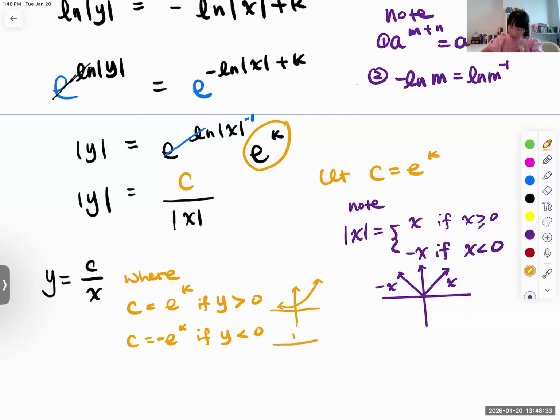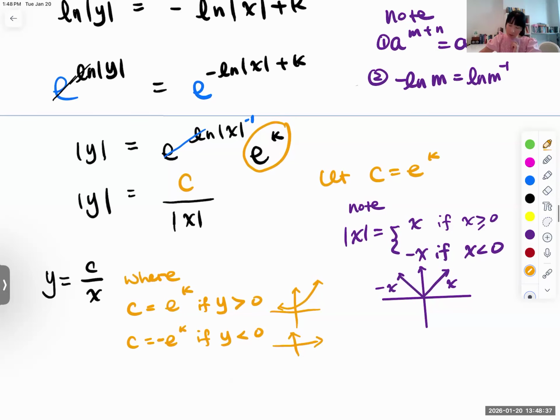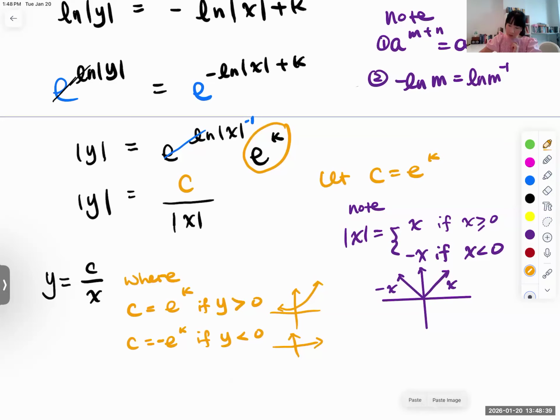So we have positive, like this, right? And then we have the x as a denominator, right? So we will have also the interval notation as well.